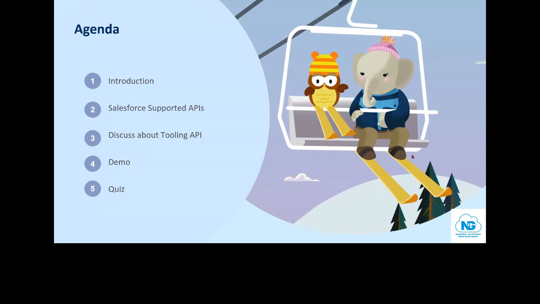There are four types of APIs available. One is Open API, another is Internal API, another is Partner API, and Composite APIs. Open API, as all of you know, is a public API or external API.